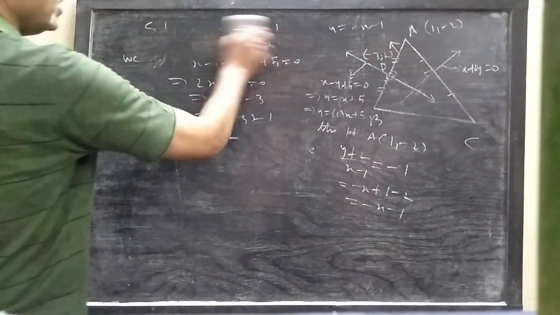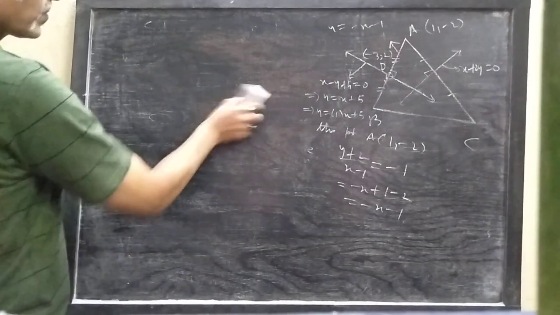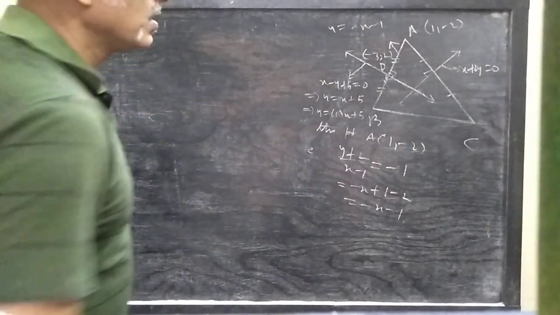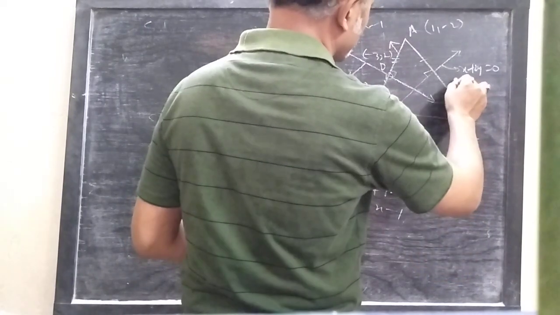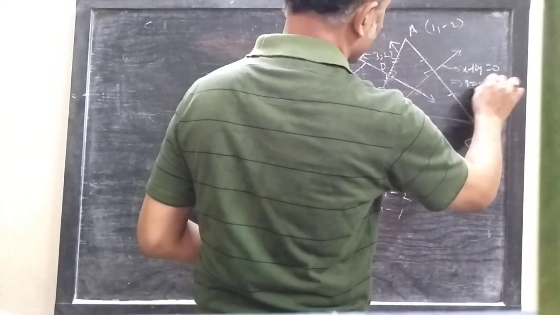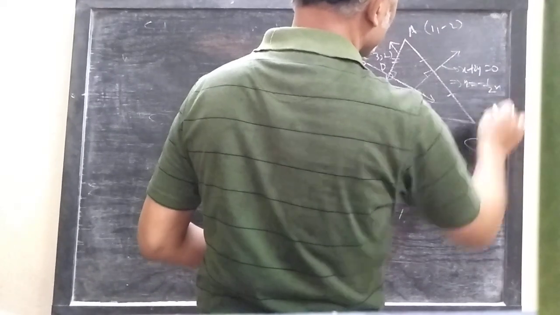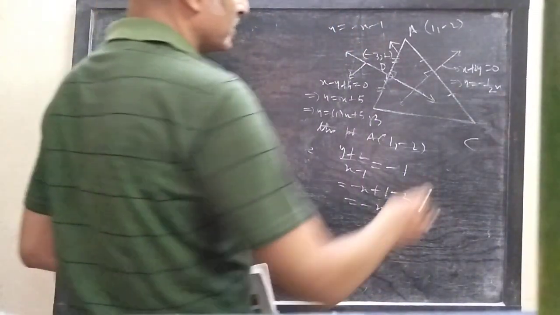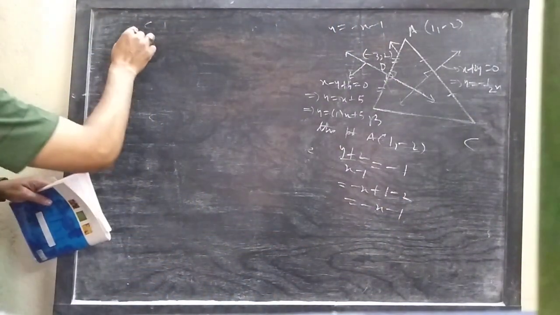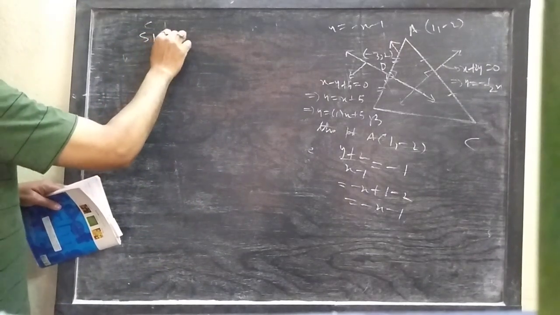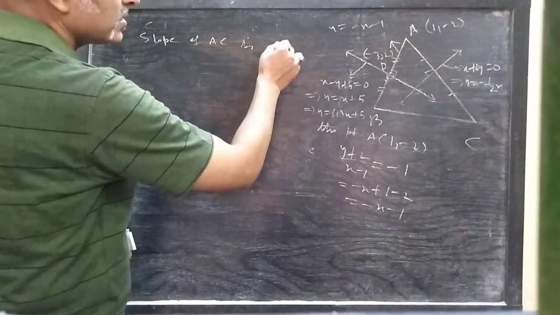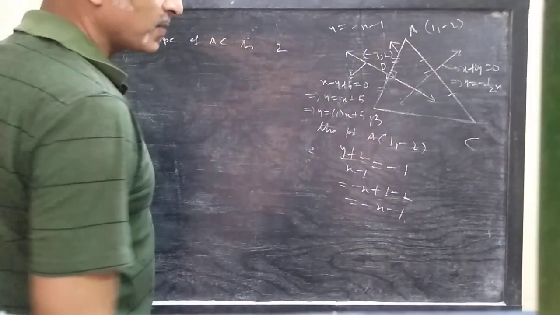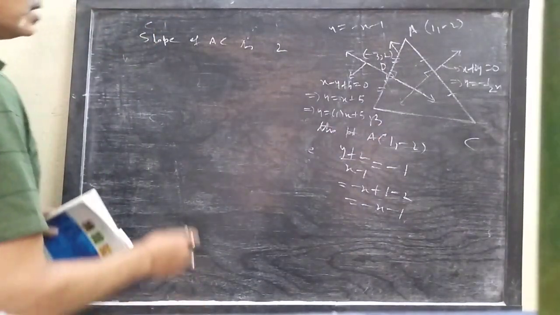In a similar way, here the equation of this bisector is x plus 2y equals 0. So you get y equals minus half x. So the slope of AC is 2 because it is perpendicular to the bisector.